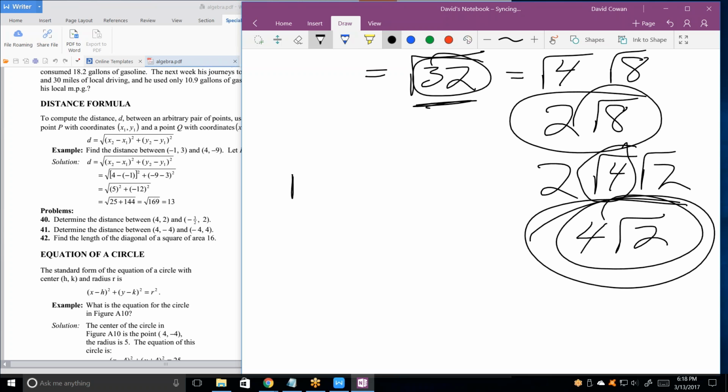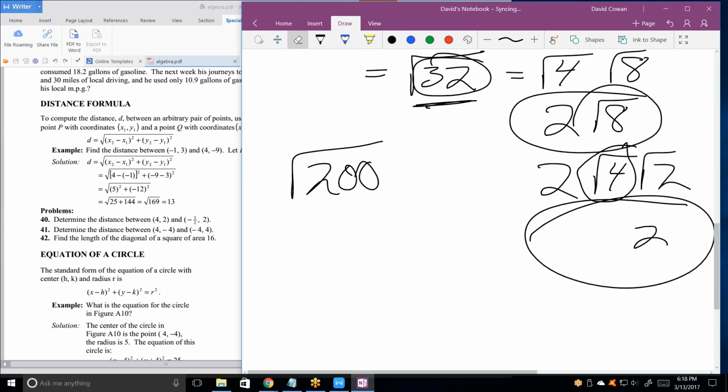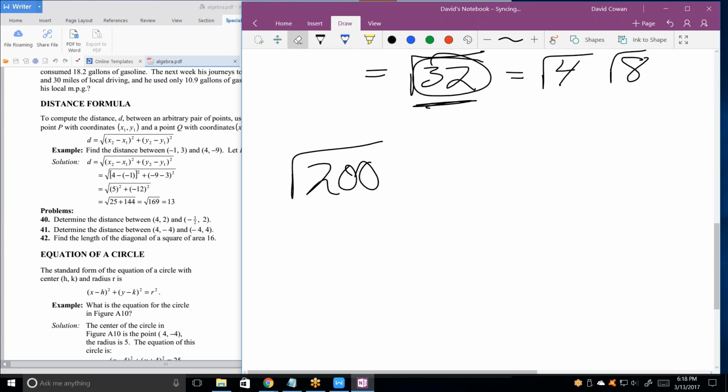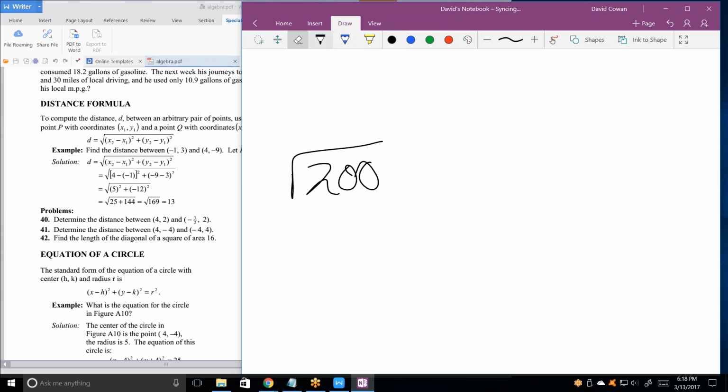So the greatest perfect square factor of 200. Could you do 100 times 2? Yep. In other words, here's the list you want to know, your perfect square numbers.